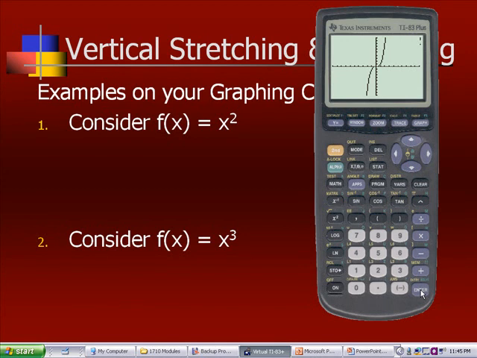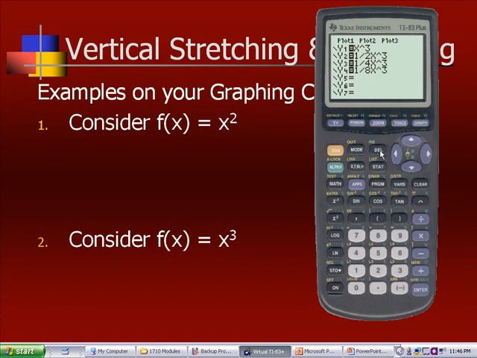So if we're doing fractions, 1/2 is going to be a little bit wider. The y values are going to get big slower. There's our 1/4, and there is the 1/8. So notice they just keep getting wider and wider.